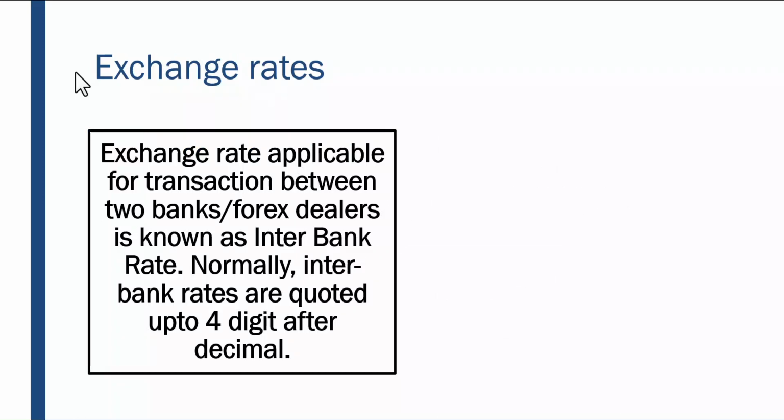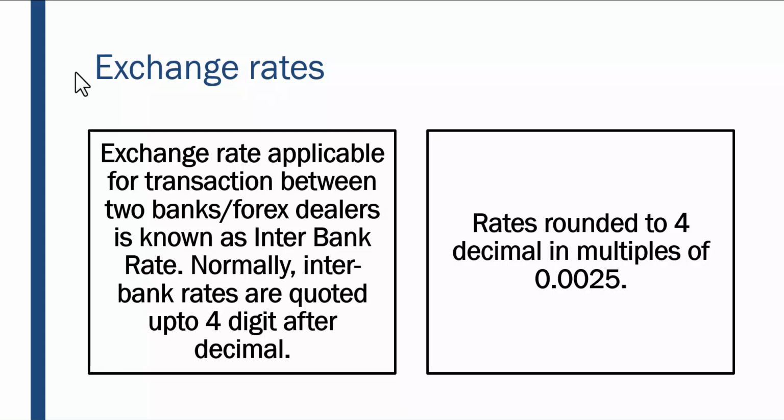Now, just one more and some small questions. The exchange rate applicable for transactions between two banks of forex deals is known as the interbank rate. Normally, interbank rates are quoted up to 4 decimal places, rounded in multiples of 0.0025. That's a FEDAI rule, that we have to round off the rate to 0.0025.